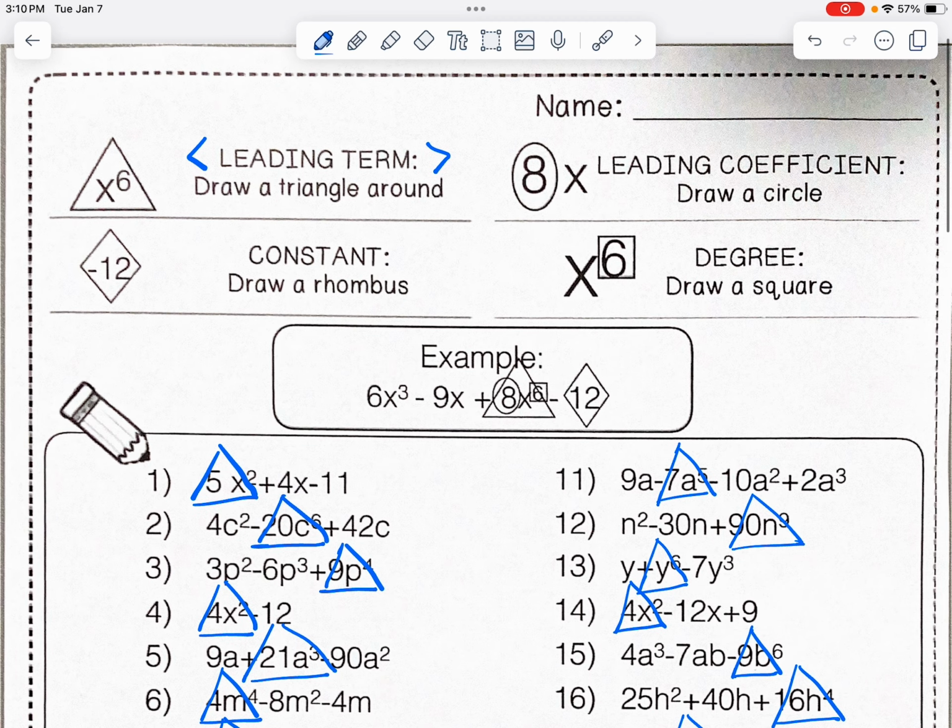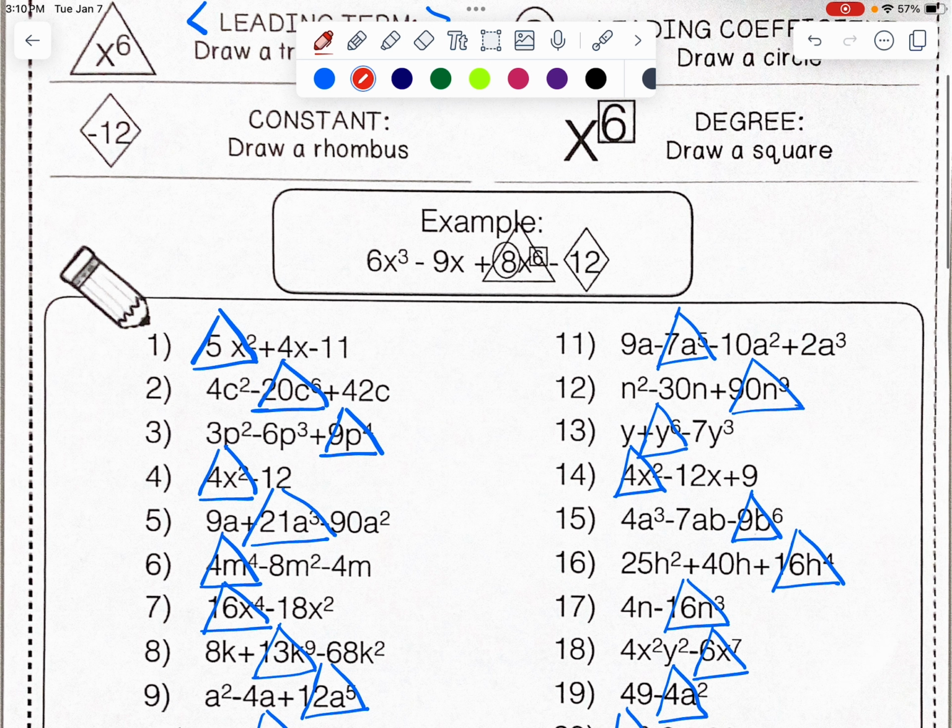Okay, so the next thing I need to do is I'm going to do a circle around the leading coefficient. So it just follows what we just did. Like on number 1, it's written in descending order. The leading coefficient is the number that is in the leading term. So for all of the ones I already have a triangle around, it's just the number in front of that.